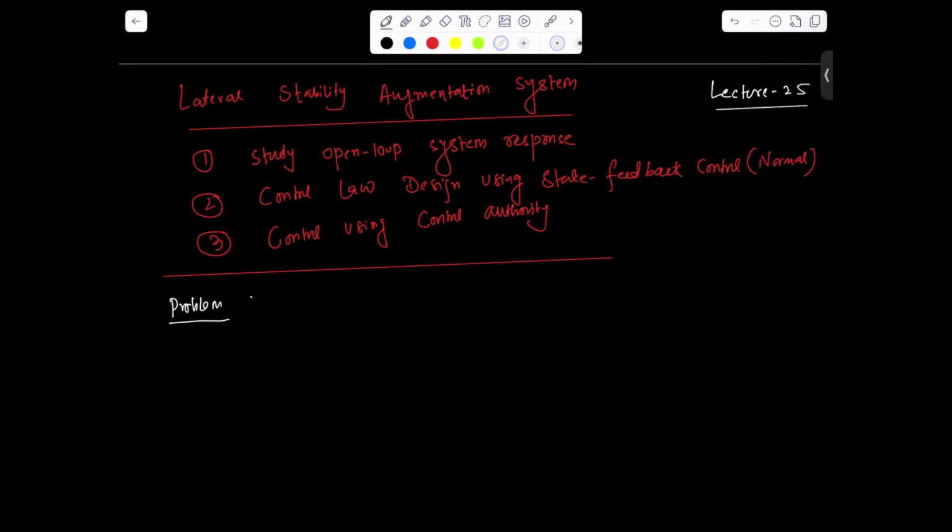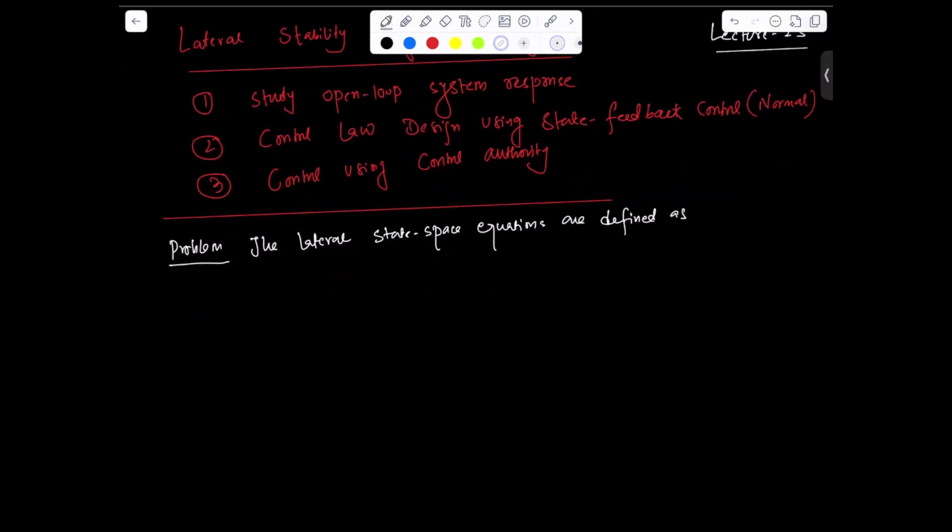And the lateral stability, the lateral state space equations are defined as, so we are going to consider the full lateral dynamics, delta beta dot, delta p dot, delta r dot, and delta phi dot.